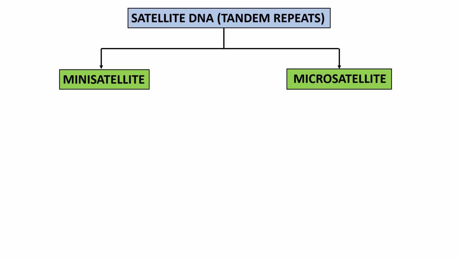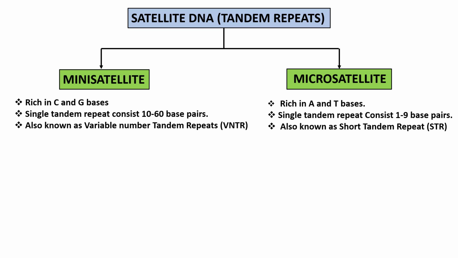They are different from each other by the following points: the minisatellites are rich in cytosine and guanine bases, whereas the microsatellites are rich in adenine and thymine bases.